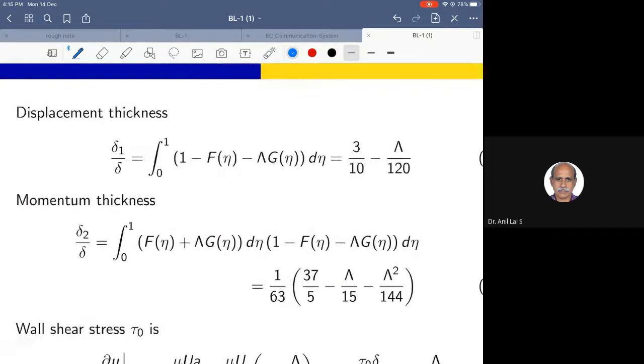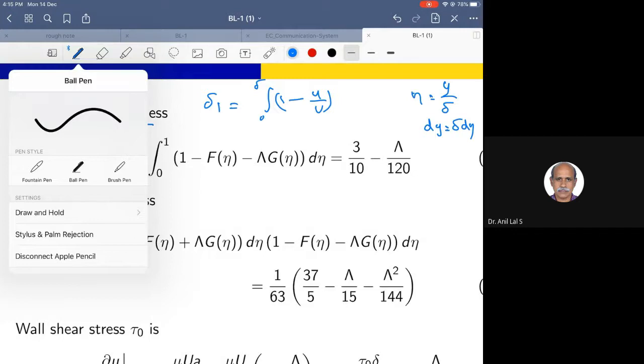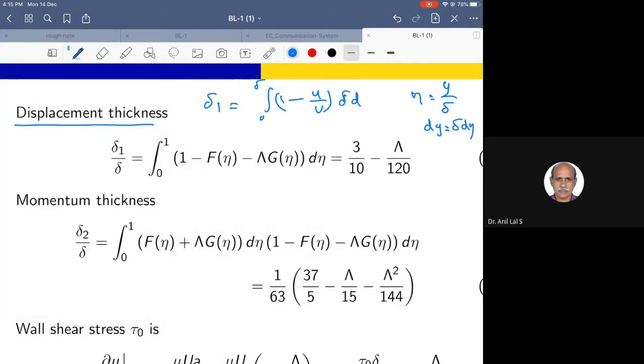Now we calculate the displacement thickness delta 1. You know the fundamental equation is integral 0 to delta 1 minus u by capital U dy, and we are using eta is equal to y by delta. So dy is equal to delta into d eta, and when y is equal to delta, eta becomes equal to 1, the upper limit becomes equal to 1, and this delta is taken back here.